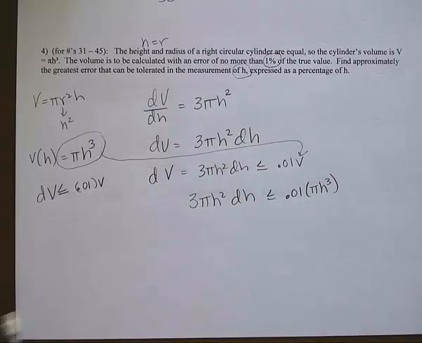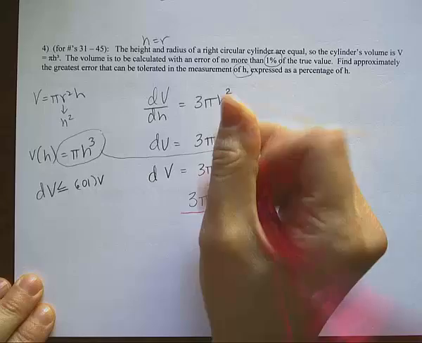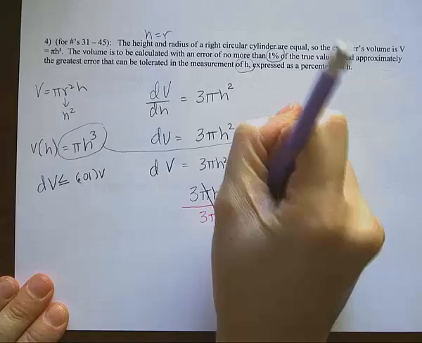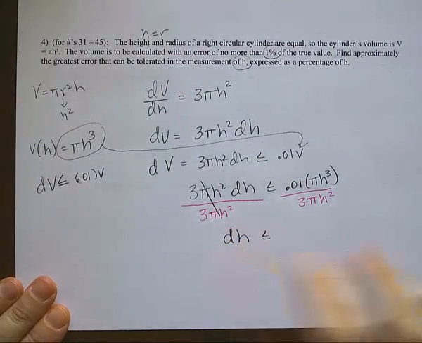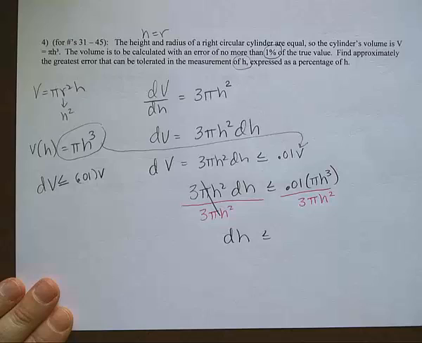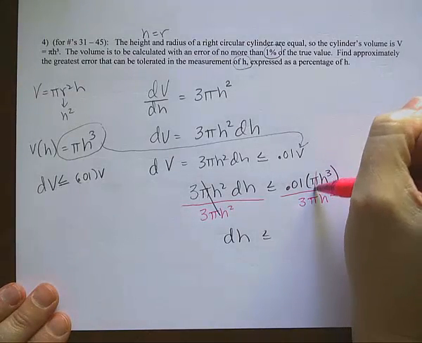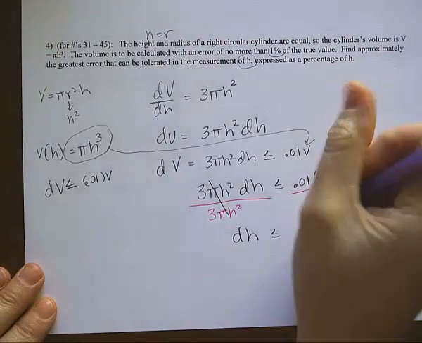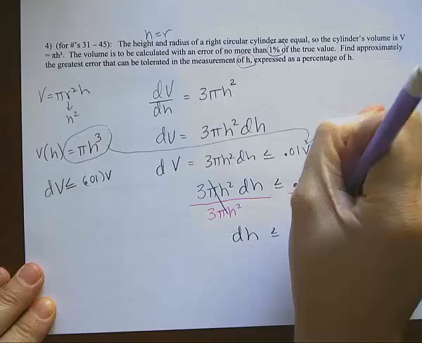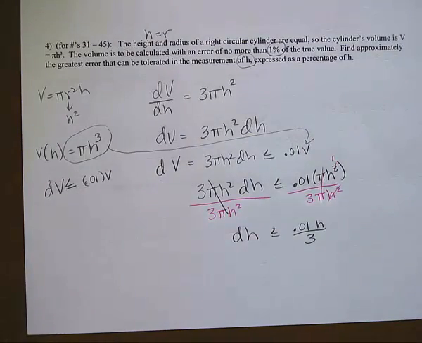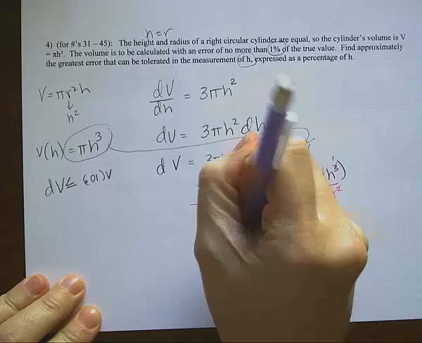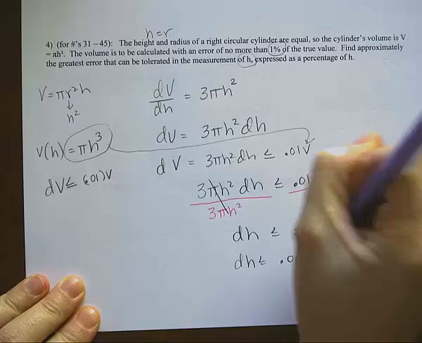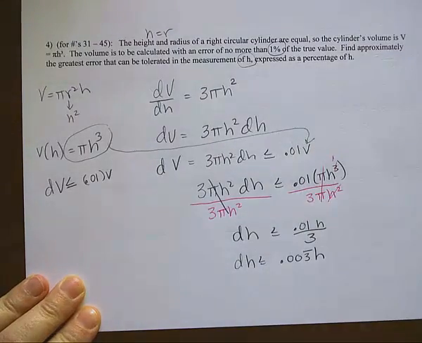I'm going to divide basically by 3 pi h squared to get my dh alone. So then the measurement in height, the change in height, can be no more than, let's see, the pi's are going to cancel, and then these h's will cancel, leaving me with 1 h, so I'm going to end up with 0.01 h over 3. And if I divide this, 0.01 over 3, that ends up being 0.003333, 3 repeating h.